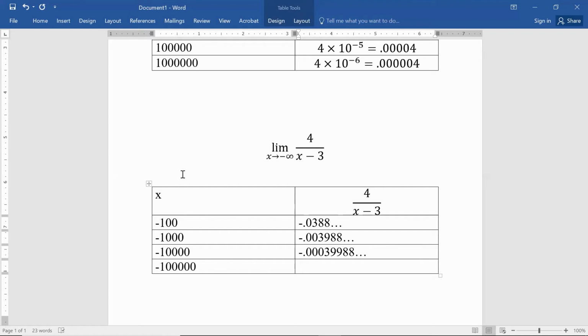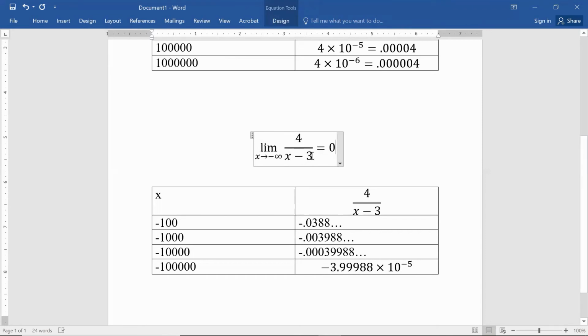And then on the next one, you end up with scientific notation of negative 3.99988 times 10 to the negative fifth, which is a really, really small number. I say small in absolute value. Notice what's happening here is we're getting closer and closer again to 0.